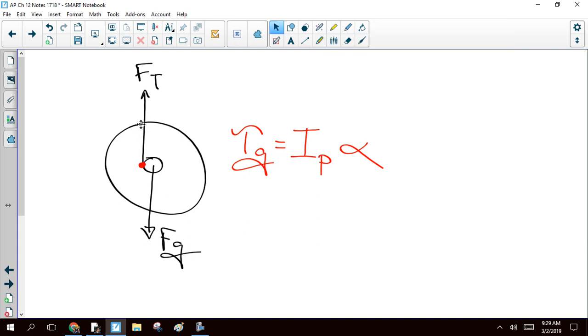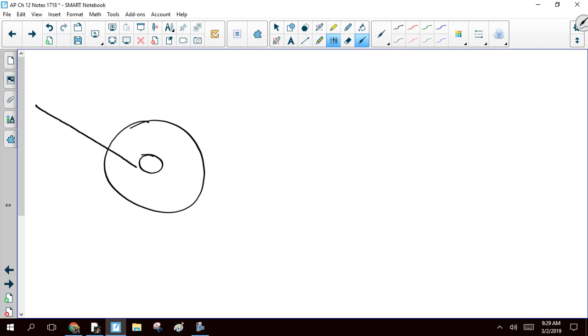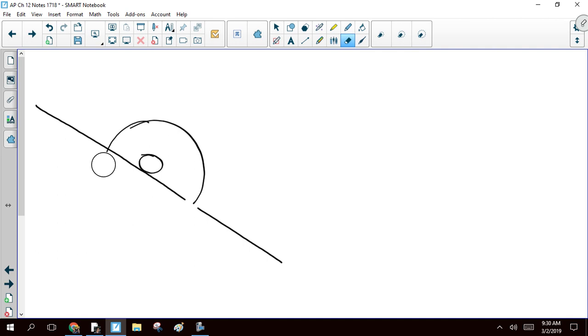And there's a problem on the homework that is similar, where it's a wheel, and you've got a hub sticking out of it, and then it rolls down a ramp like this, so that this is all sort of underneath the ramp.